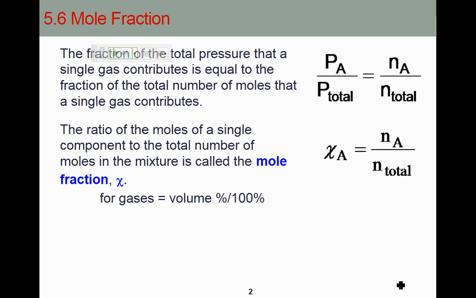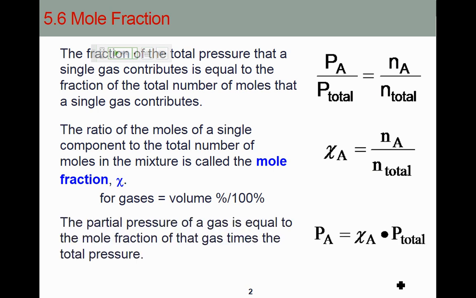This is really our definition of fraction. This isn't really an equation to memorize. If you know what a fraction is, that's a fraction. It's just the part of the whole. And in this case, it's the part moles over the whole moles. So this isn't really a new thing. For gas, we can look at volume over 100%. So that just makes sense.